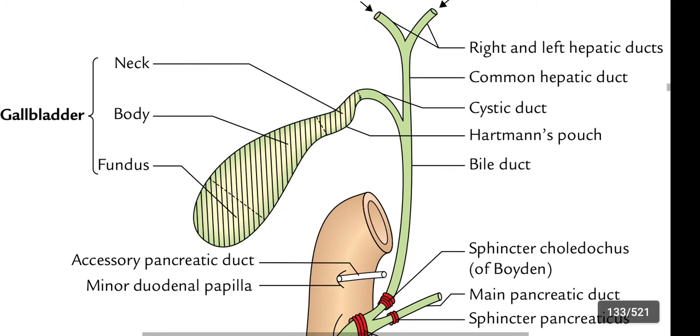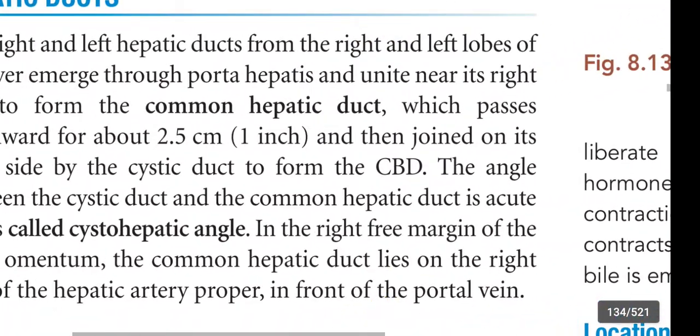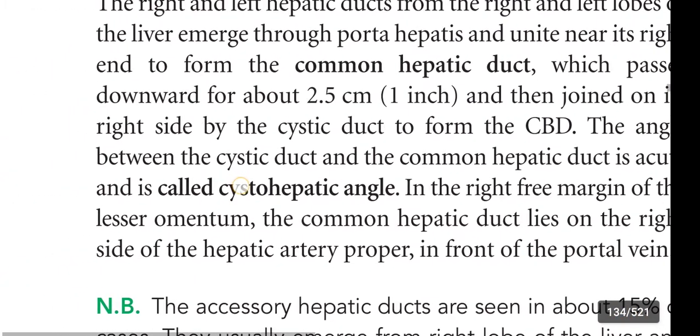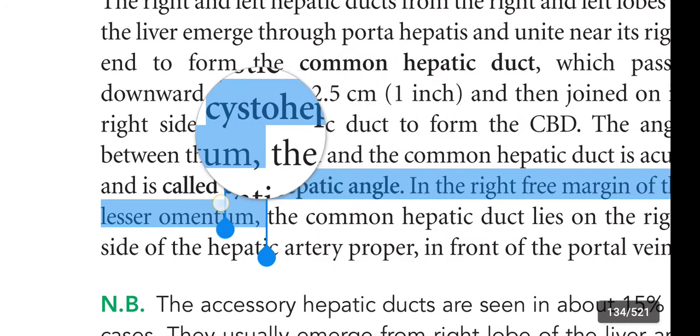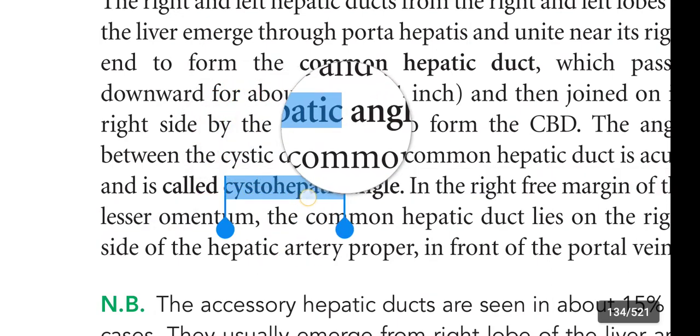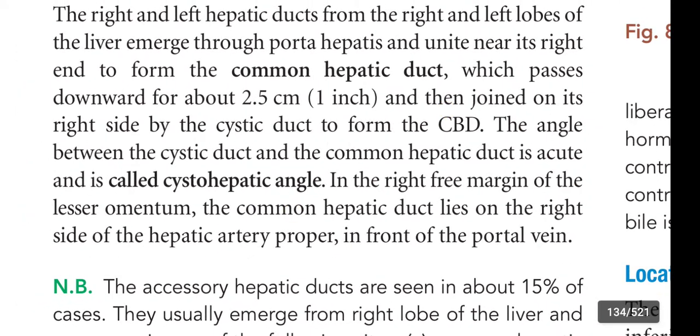This angle we call the cystohepatic angle. The angle between the cystic duct and common hepatic duct is acute and is called the cystohepatic angle. In the free right margin of the lesser omentum, the common hepatic duct lies on the right side of the hepatic artery proper, in front of the portal vein.